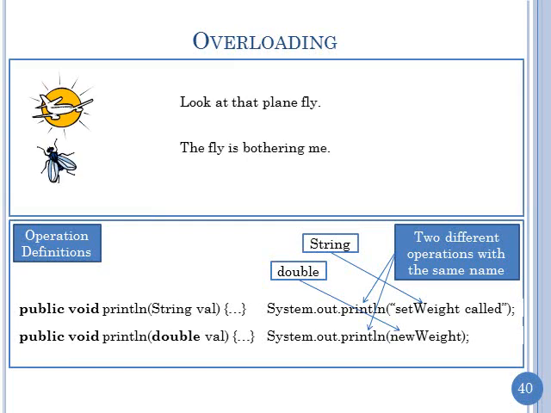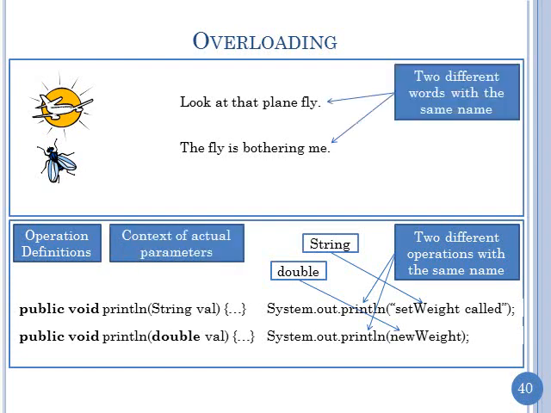In one case we're using fly as a verb, and in the other case as a noun. We know what's going on here, right? So the context of the actual parameters determines what method is being called, and the context of that word helps us determine its meaning. Just as in natural languages we use context, so we do also in programming languages.